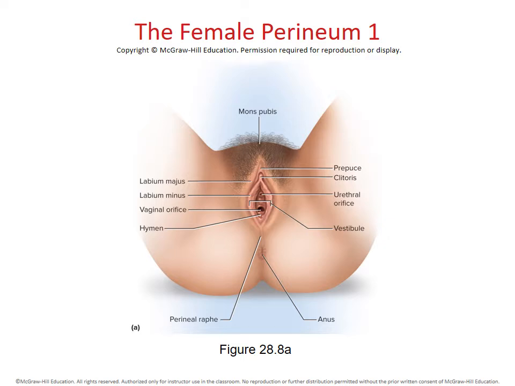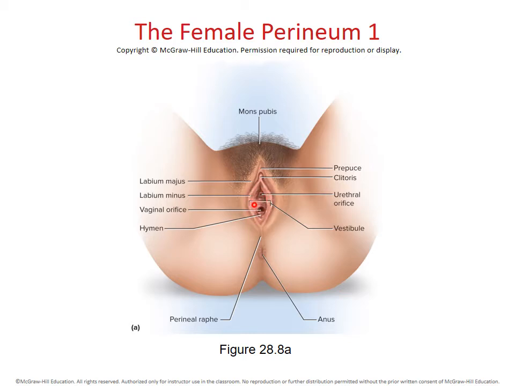And here we see this in diagrammatic fashion. Again, the mons pubis. Behind that, the folds of tissue called the labia majora. Individual would be labium majus. Within the labia majora would be the labia minora. Singular would be labium minus. Within the labia minora is a region known as the vestibule.